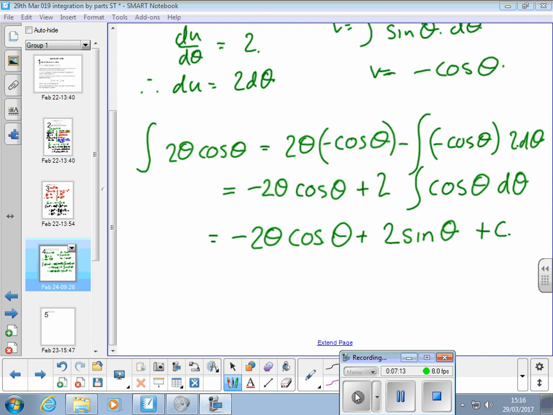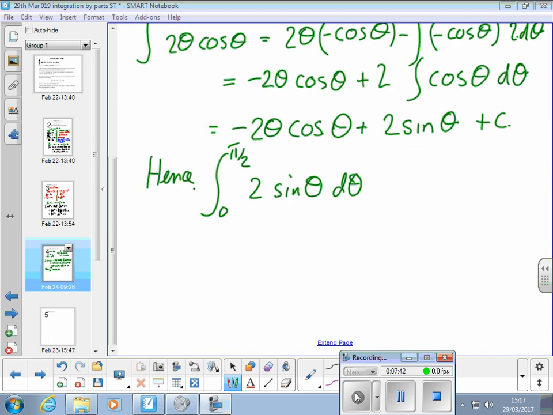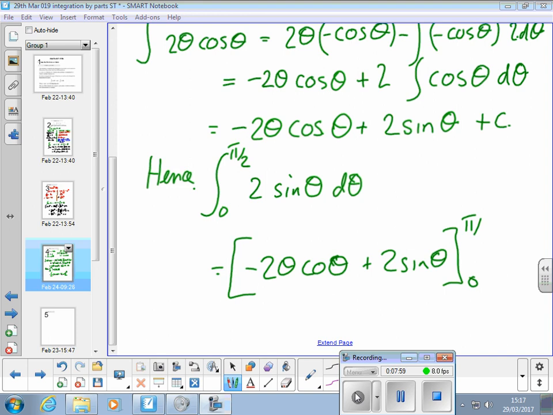Plus C. Hence, what we started with, the integral between pi over 2, but you calculate in radians now, and zero, of 2 theta sine theta d theta equals brackets minus 2 theta cos theta plus 2 sine theta, close the brackets, between 0 and pi over 2.